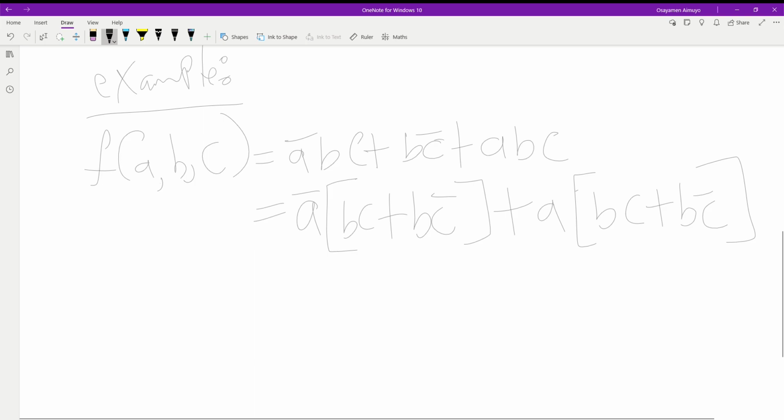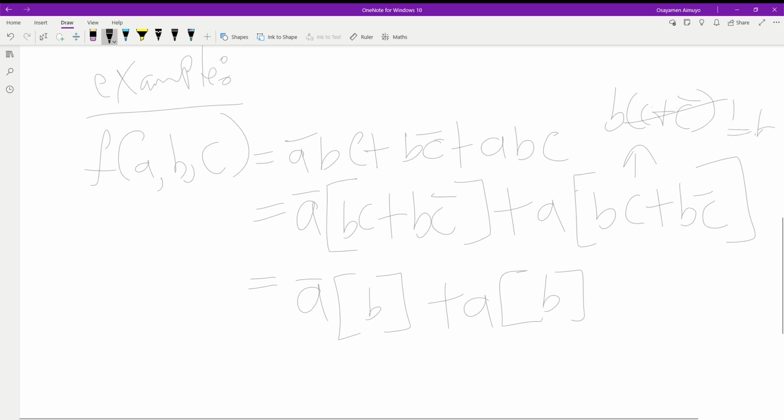Okay, so let's just simplify this function first. I have a feeling that I picked a very nice function. So we just basically have b, and this one is b as well. If you factor out a b, you have c or c bar, which is 1, so you just get b.